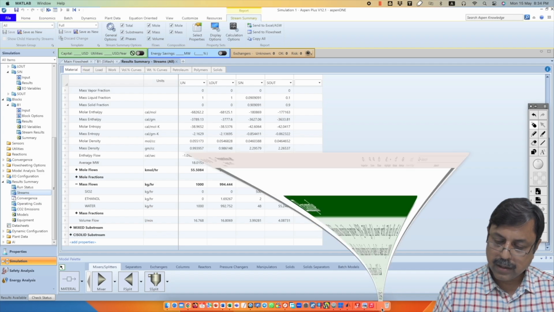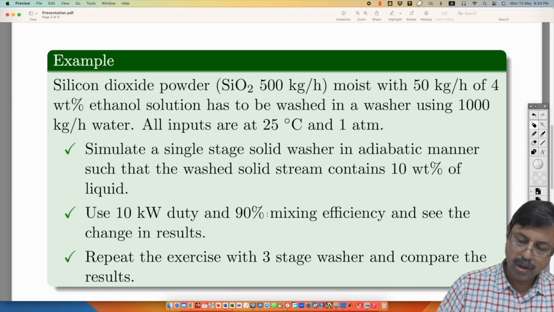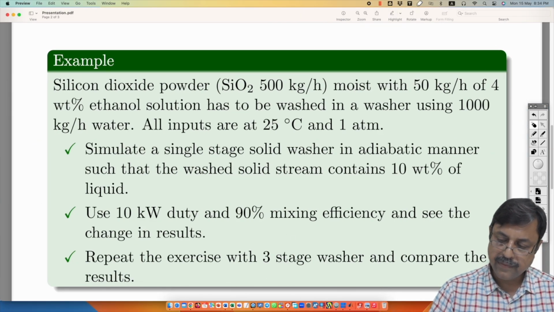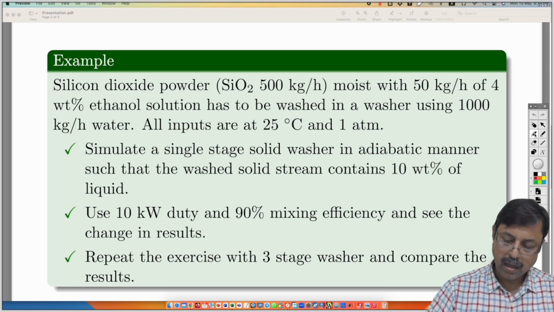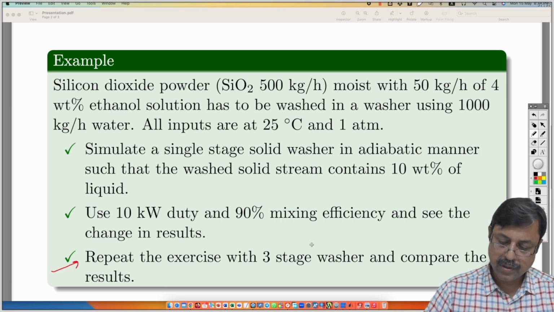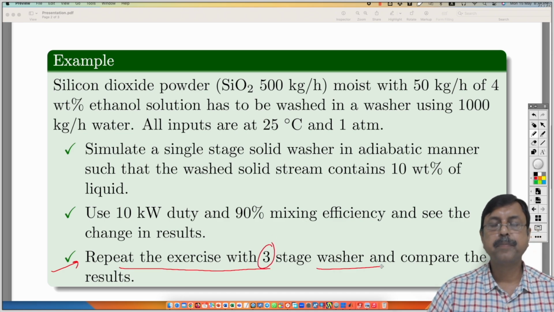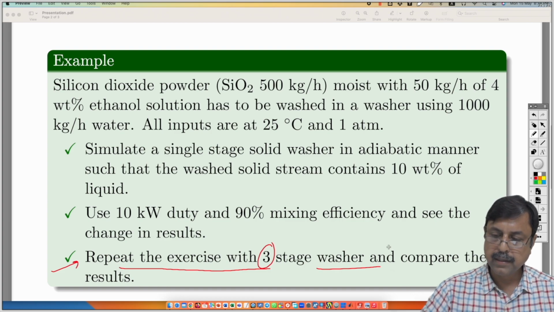Now go back to the example problem, and we have our third problem left, which is to repeat this exercise with 3-stage washer, okay, and compare the result.